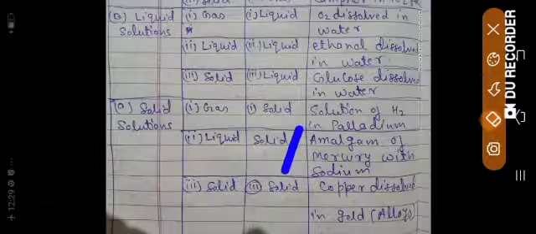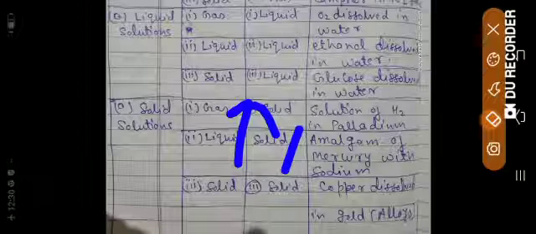So alloys are the best solid solutions in which solvent is solid as well as solute is also solid. So all the alloys, it is written here, all the alloys. In earlier classes, you know so many types of alloys. So this is the best example of solid solution.